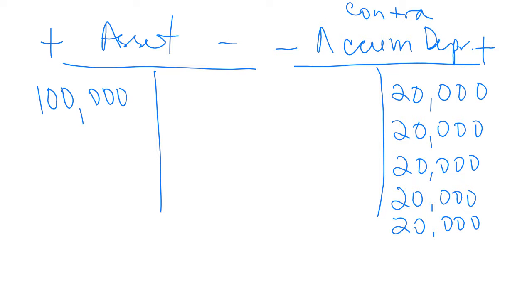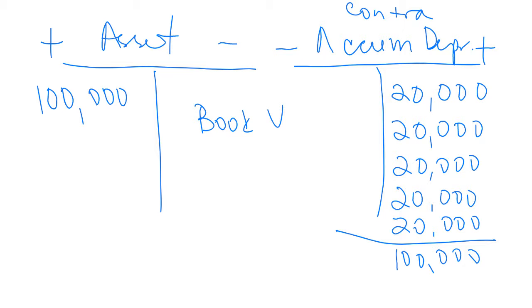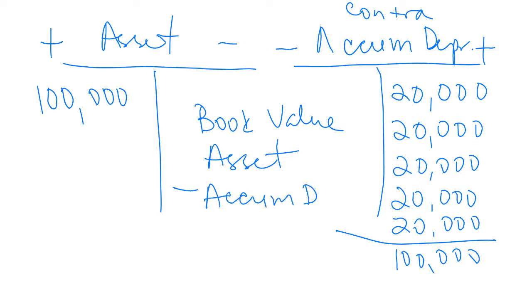When we fully depreciate the asset, we will have $100,000 in the accumulated depreciation account, and the asset account will have a book value of 0. Book value is the asset value minus accumulated depreciation. So at the end of the useful life, asset minus accumulated depreciation should be 0.